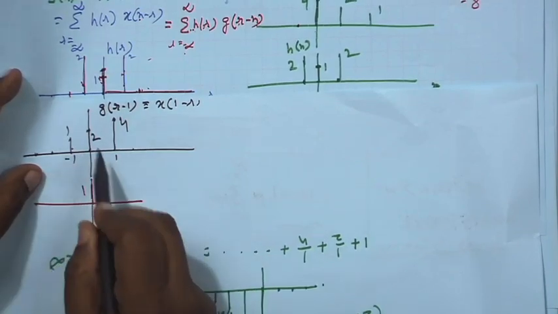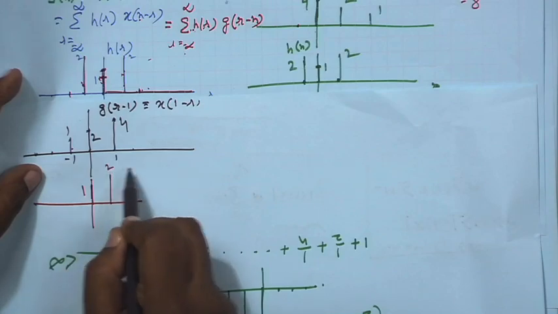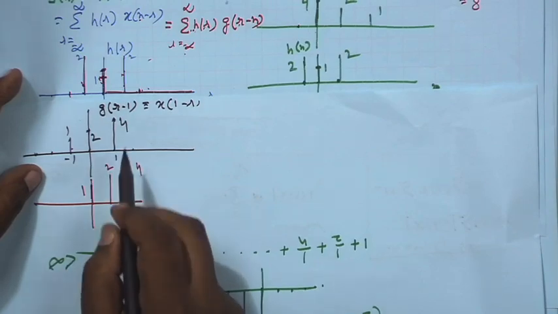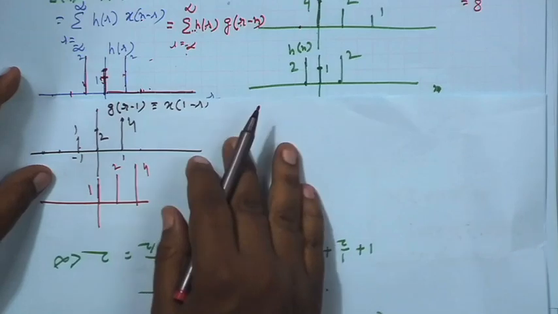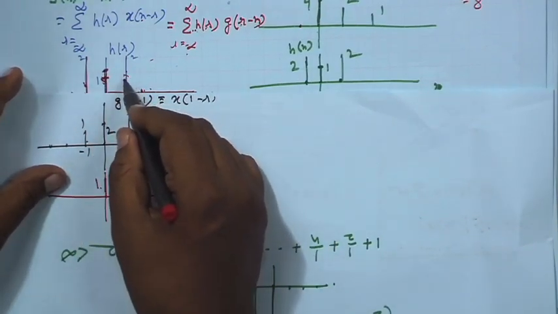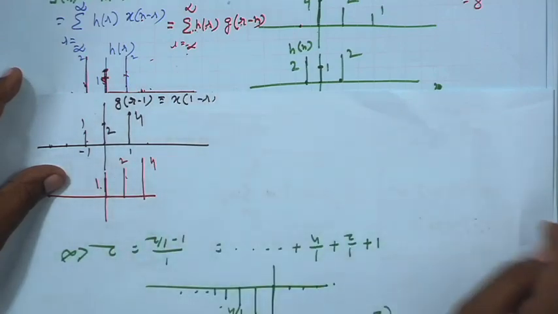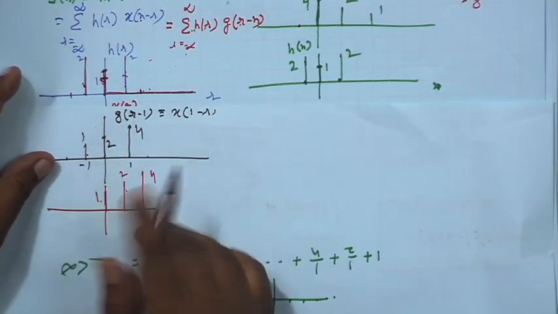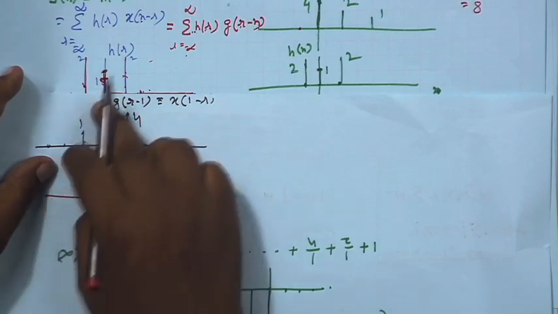So, this comes here, this 2 goes here, this 4 goes here. So, if you align this with this, with this, that is all. So, we will have 1 plus 4, 5.